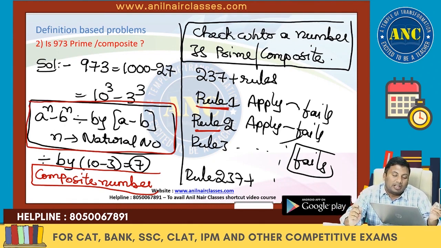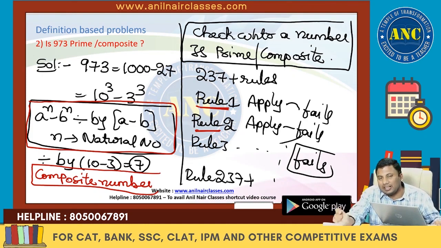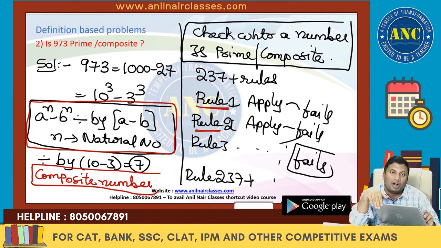So 973 is 1000 minus 27, which is 10 cube minus 3 cube. So it is divisible by 7. If it is divisible by 7, it has to be a composite number, since other than 7, no number divisible by 7 is prime.